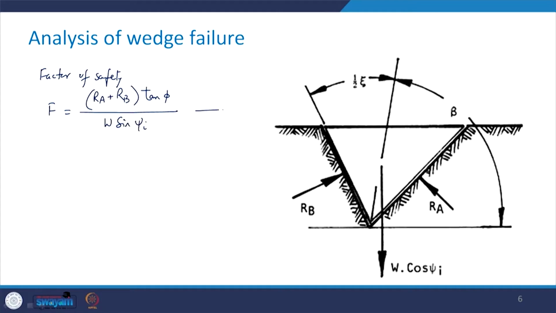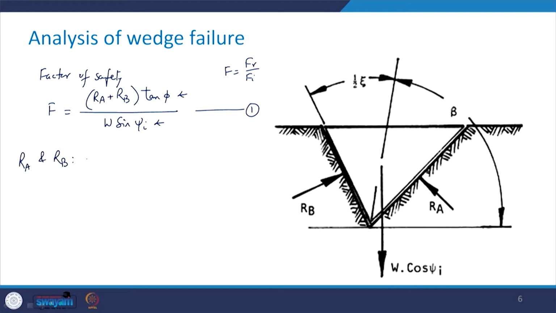Again, the same fundamental concept, that is F is equal to Fr upon Fi. So, this is the force which will cause this wedge to slide, and this is what is going to be the resistive force.